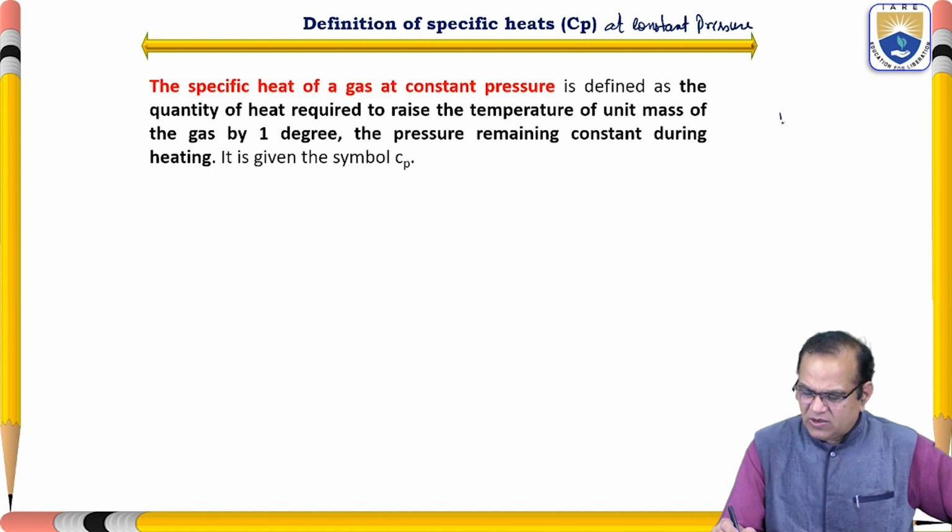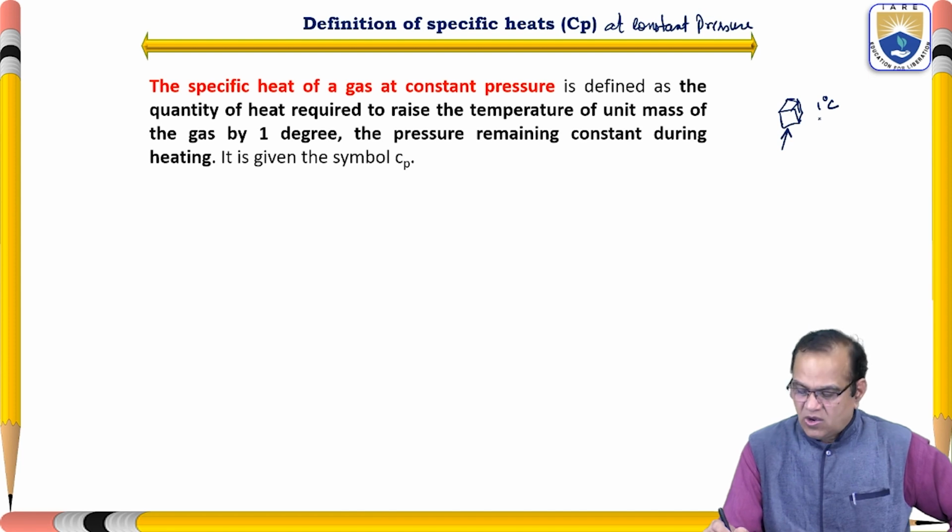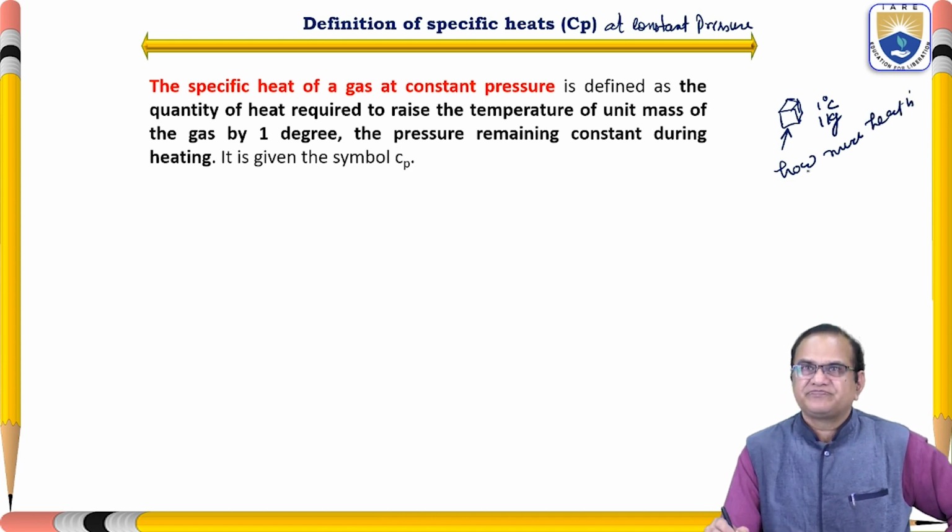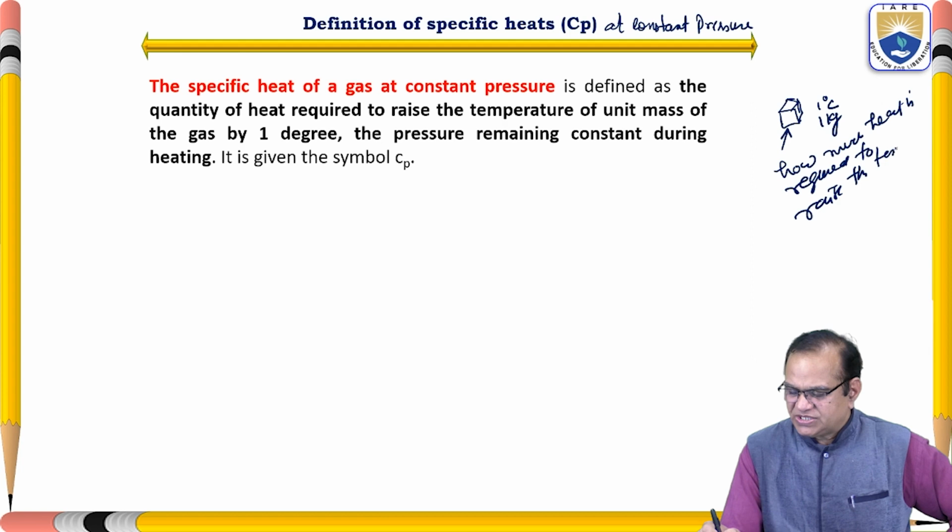It is given by the symbol Cp. So if you take 1 kg of any material and raise its temperature by 1 degree centigrade, how much heat is required to raise the temperature by 1 degree centigrade for 1 kg of material?